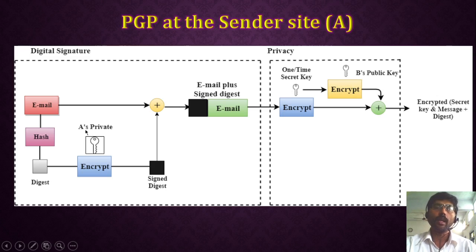In this way, we are providing privacy. The secret key is not available to the opponent, and we are also providing a digital signature and making the authentication proper. So at the end we have an encrypted secret key as well as the message plus the message digest, that is the hash code. We send all three to the receiver.